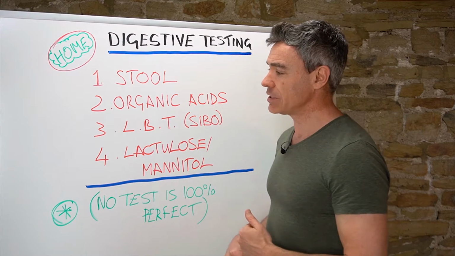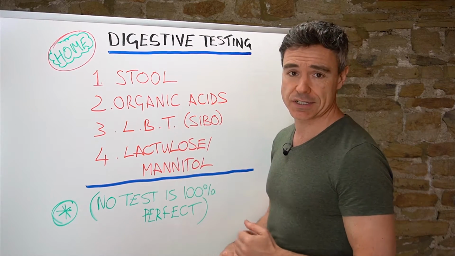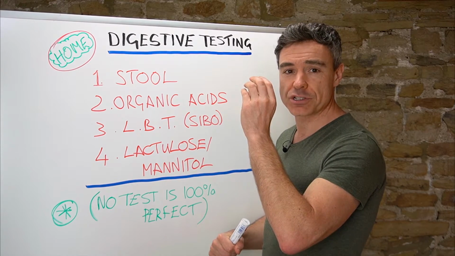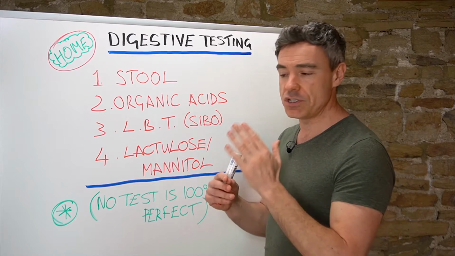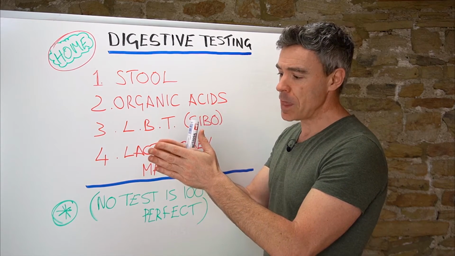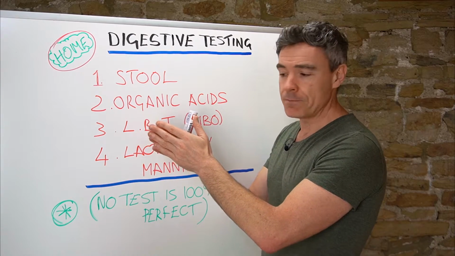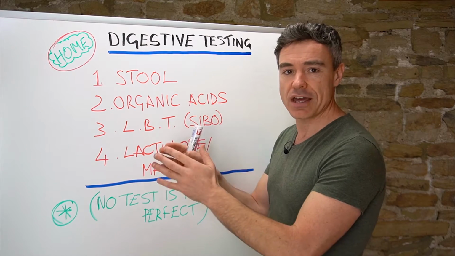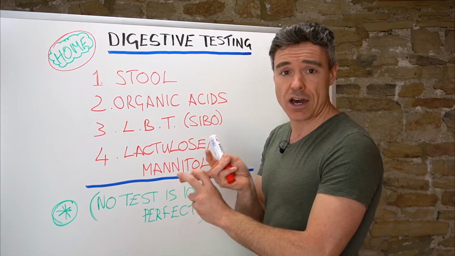The next test is called a lactulose breath test. And lactulose is a type of sugar, and you drink a little lactulose solution, and then you take breath samples every 20 minutes for 3 hours. And then what the lab does is it looks at different types of gas in the breath. It looks at methane and hydrogen.